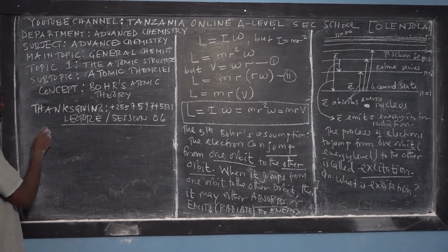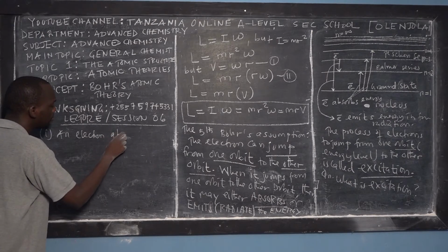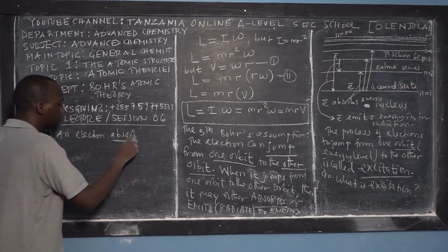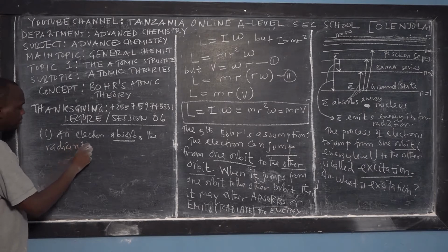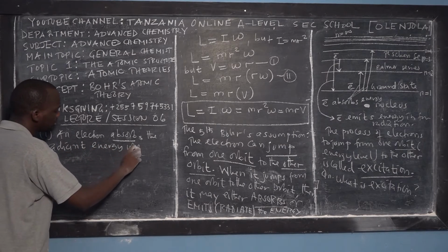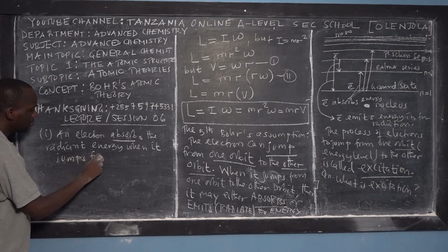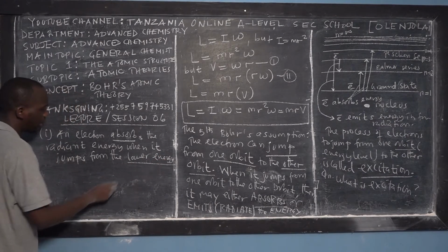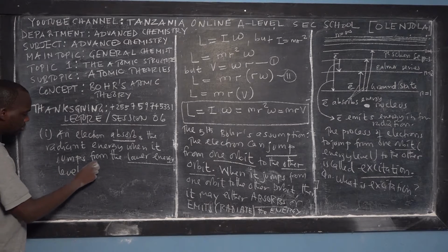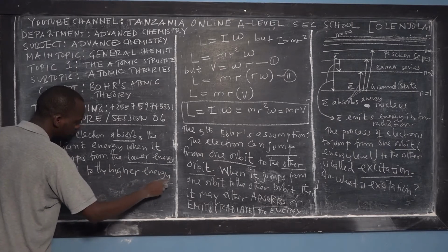So we say that an electron absorbs radiant energy when it jumps from the lower energy level to the higher energy level, as explained.